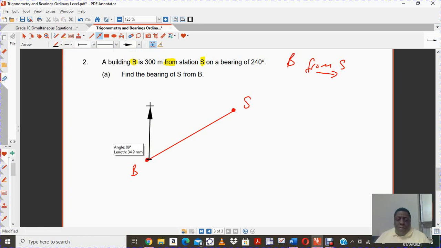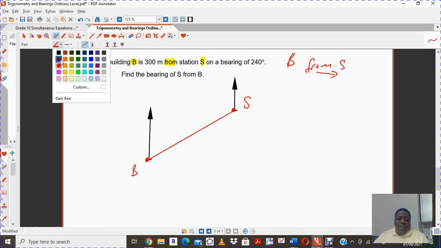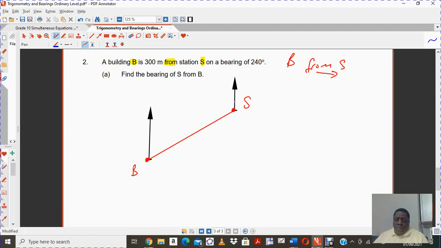So this distance here, the bearing of B from S, so that means we have to go to what comes after the letter S. So after the letter S, we have this. So B from S, this whole bearing here, that's 240 degrees.